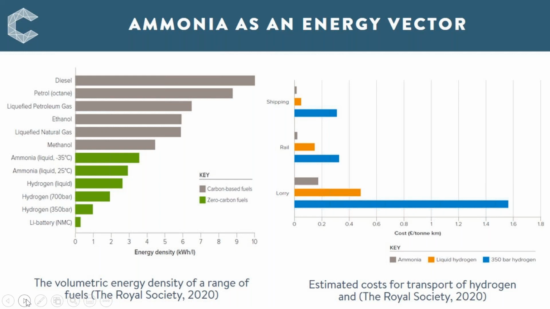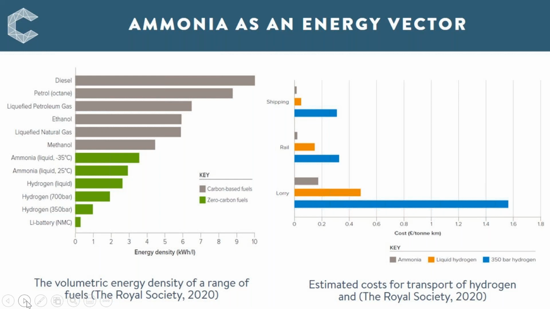Ammonia has a large weight fraction of hydrogen and can be catalytically decomposed into hydrogen and nitrogen gases, as shown on the right of the slide. The transport and long-term storage of ammonia is much cheaper than for hydrogen.